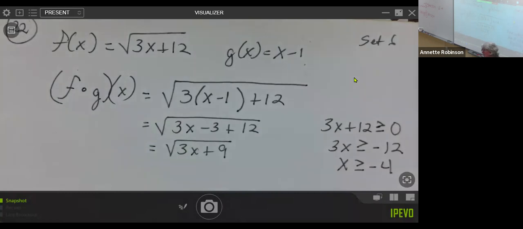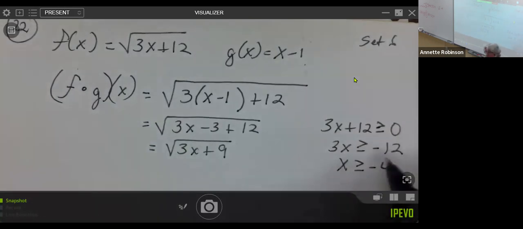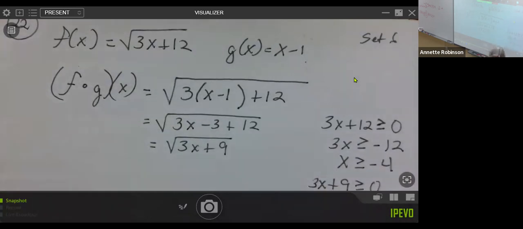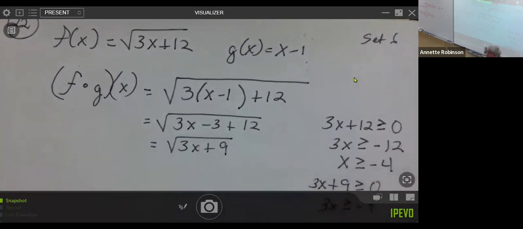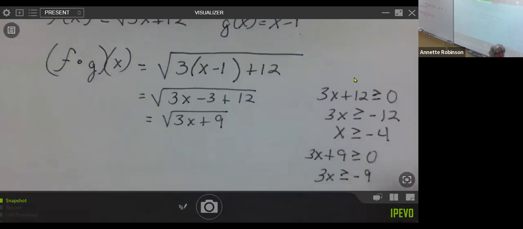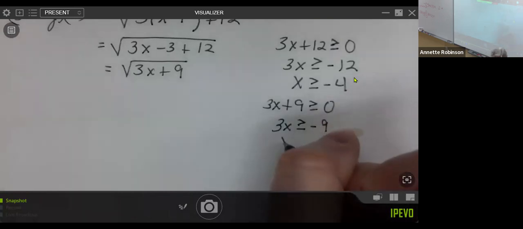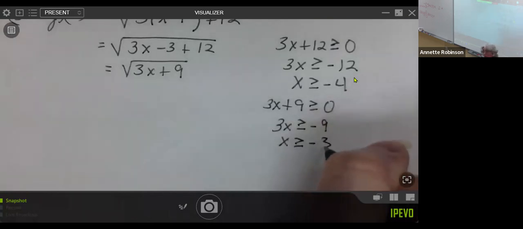Didn't want me flipped, right? Okay, now that was back on the original function. Now you've got 3x plus 9 is greater than or equal to 0. So 3x is greater than or equal to negative 9. I'm sorry, thank you. So x is greater than or equal to negative 3.